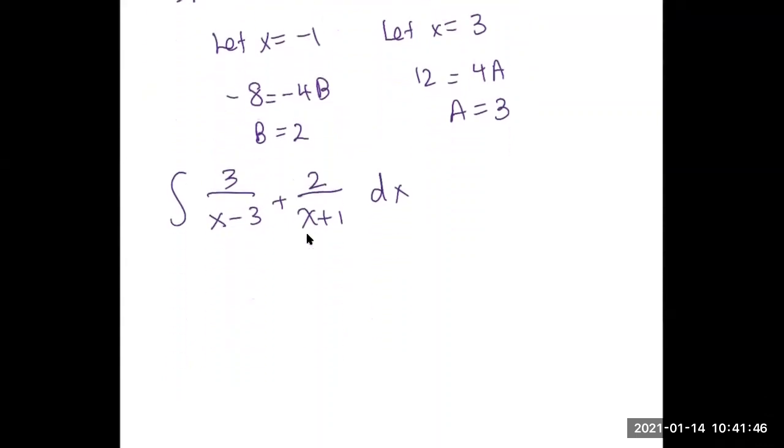Your resulting answer should still be the same integrand. So yes, b can be assigned to a different factor. However, the answer for that value should be the same, so double check that you have 3 over x minus 3 and 2 over x plus 1. The steps in between might be slightly different because of that.